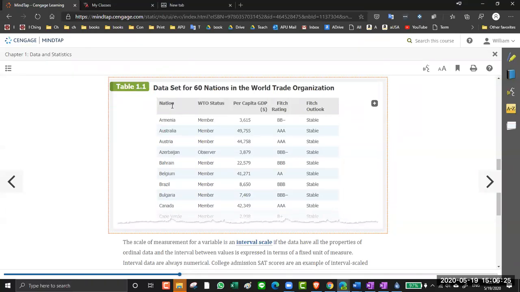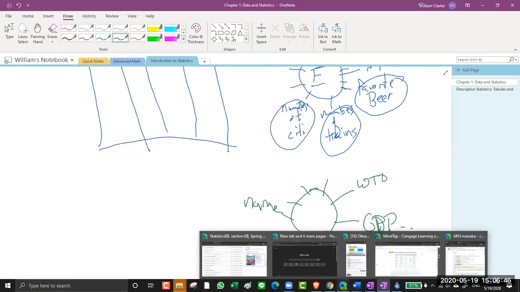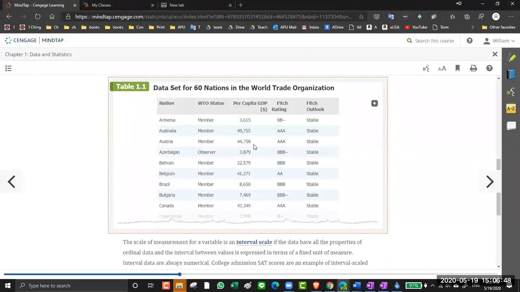So I might call this the name of the element. Remember, elements have attributes, and one of them I could put as name. Sorry about that writing, but name could be an attribute, but the book doesn't think of it that way. So anyway, we'll say there are only 4 attributes or 4 variables.